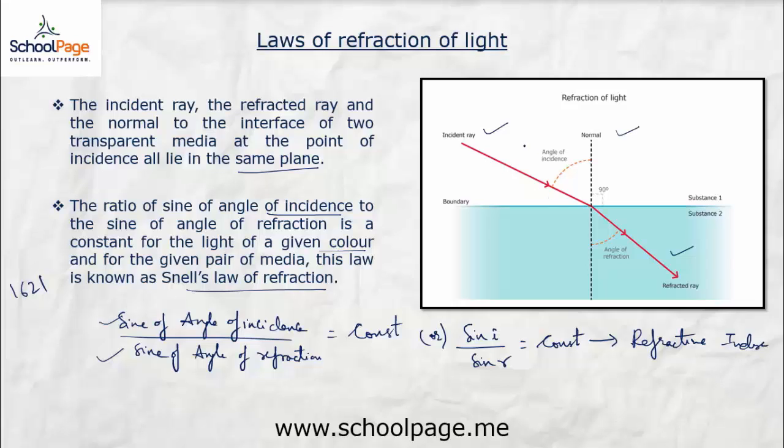Suppose a ray of light traveling in air enters into another media, that is water, and gets refracted. The value of constant sin I divided by sin R for a ray of light passing from air into a particular medium is called as refractive index of that medium. Refractive index is usually denoted by the letter small n. Hence, Snell's law can be written as refractive index is equals to sin I divided by sin R.